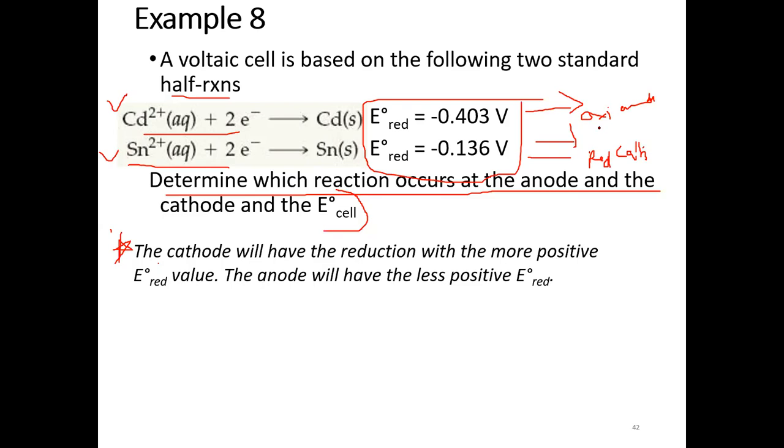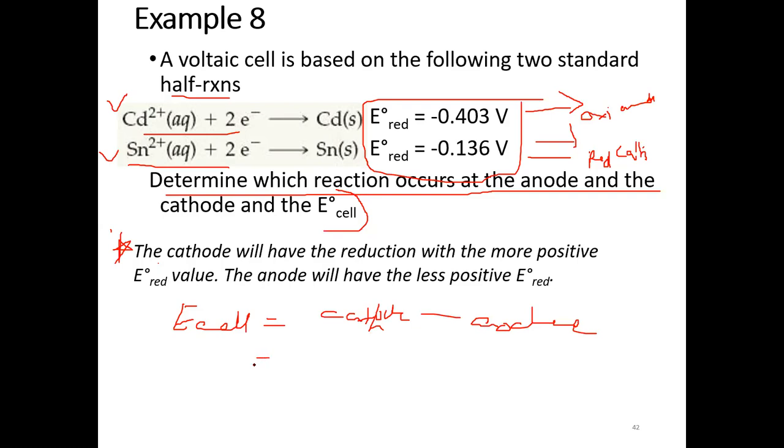So as simple as that, when we have to calculate the E cell, then we're going to write down the E cell is equal to cathode minus anode.